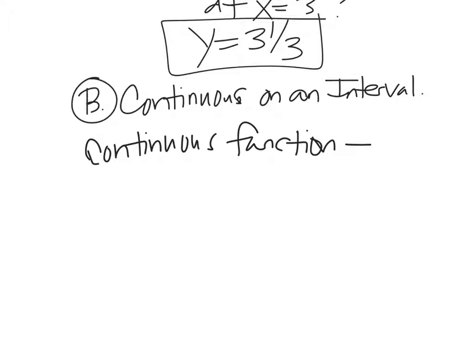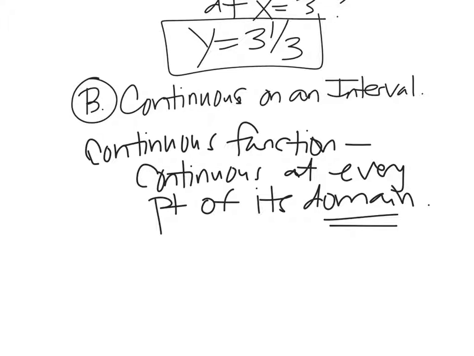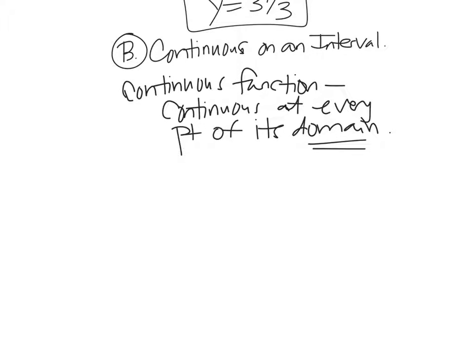A continuous function is continuous at every point of its domain. So you could pretty much argue that anything we've been doing so far is continuous. We say it's not continuous at some points, but if they're not in the domain, then it's a continuous function anyways.